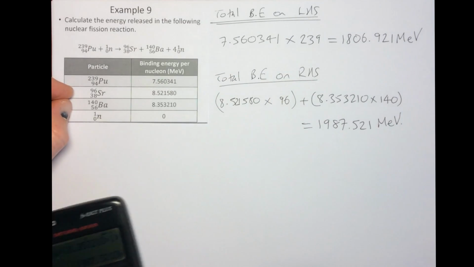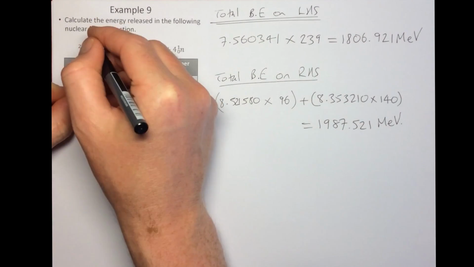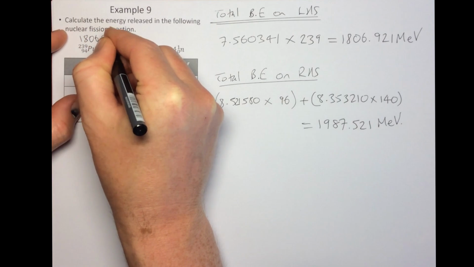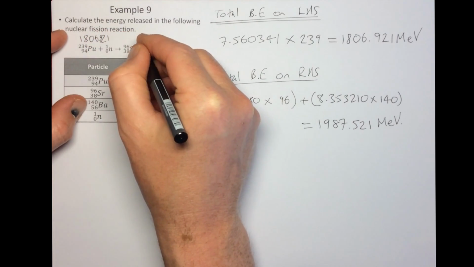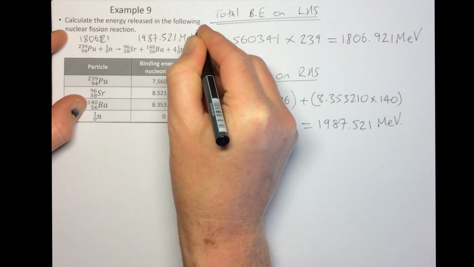Okay, so now that we've done that, we know that on this side the total binding energy is 1806.921, and on this side it's 1987.521 MeV.